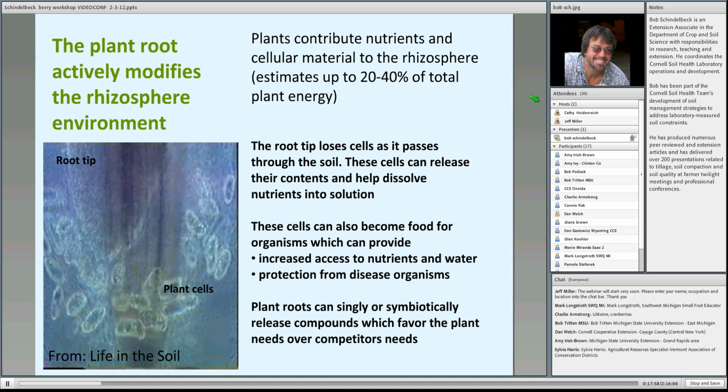These cells can release compounds that are antagonistic to disease organisms in the vicinity. This is a very direct effect, but the plant is really working, again, in its own best interest.